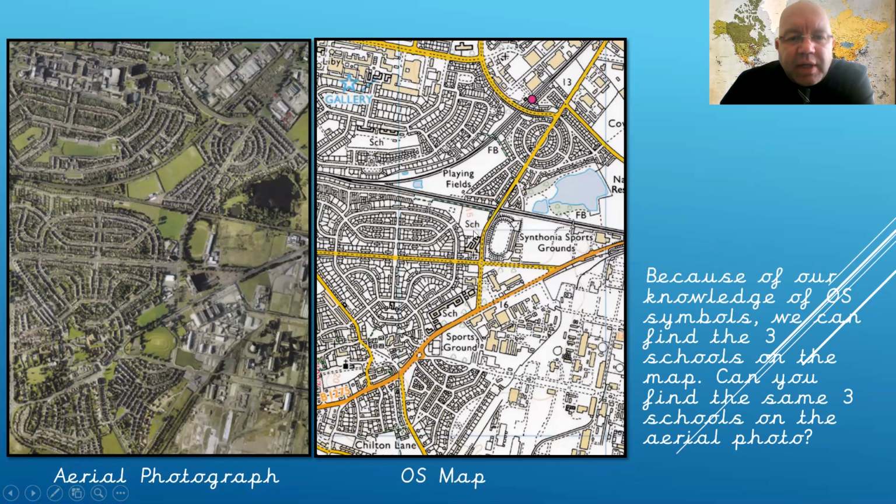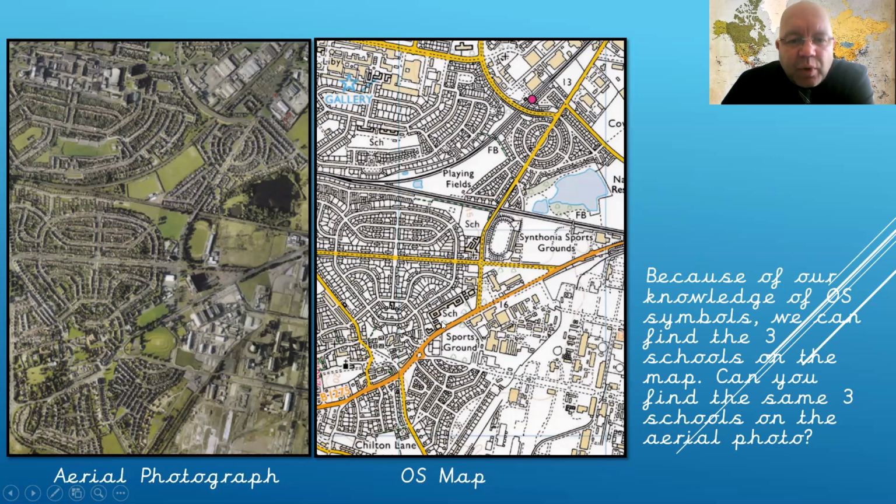The second school is here in the middle of the photo, and it's just on the other side of the road from a sports ground. So we can find the sports ground, which means that it's this area here. And again, we can clearly see the school playing fields, but I'm guessing the buildings are probably here or maybe down here. I'm not 100% sure, but it's that space there.